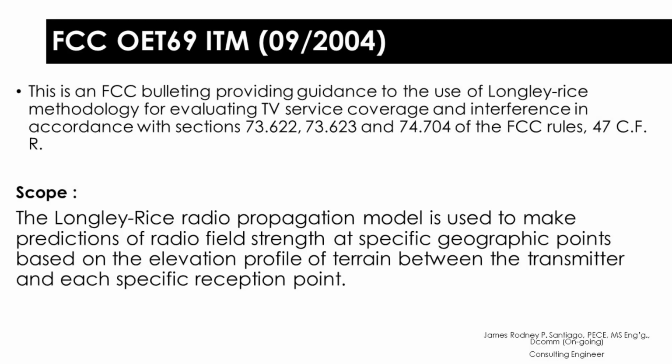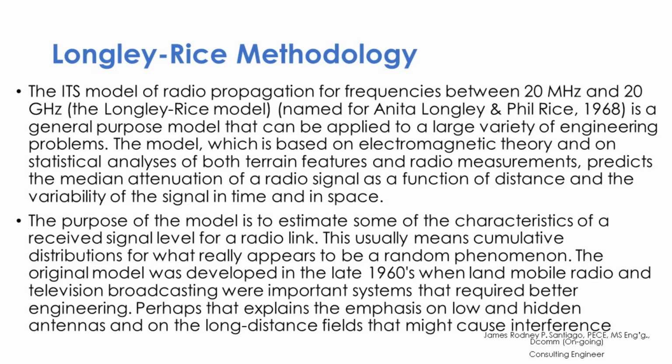The Longley-Rice methodology is adopted by the FCC under the Office of Engineering and Technology Bulletin number 69, introduced in 2004, I believe, and it utilizes the irregular terrain model.